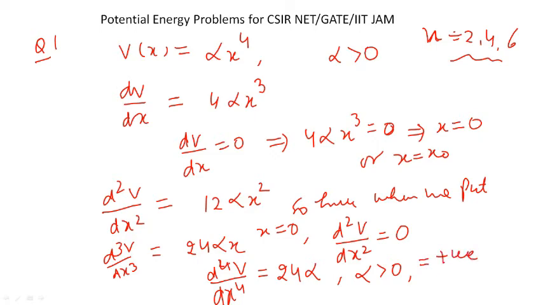That means x equal to 0 is here a stable equilibrium point. Now the second problem, we can say it is type 4.